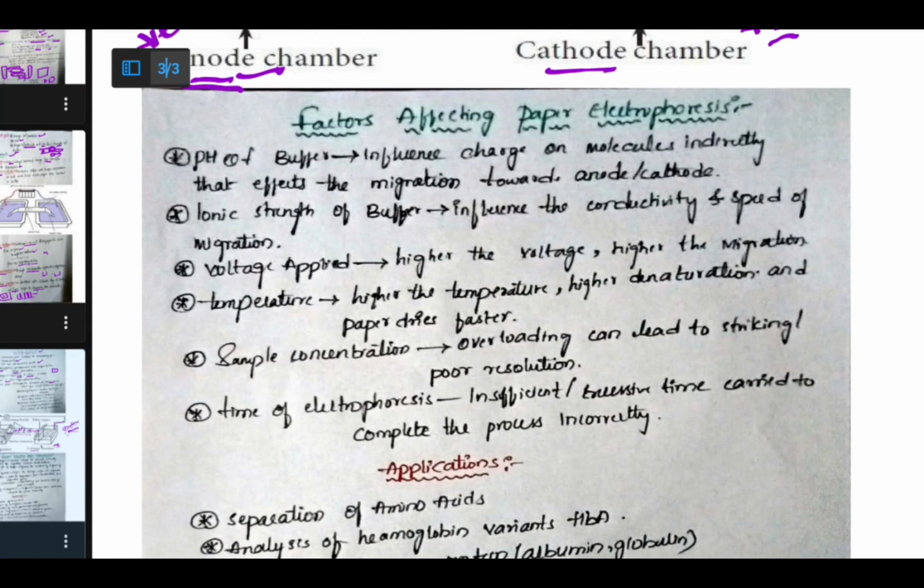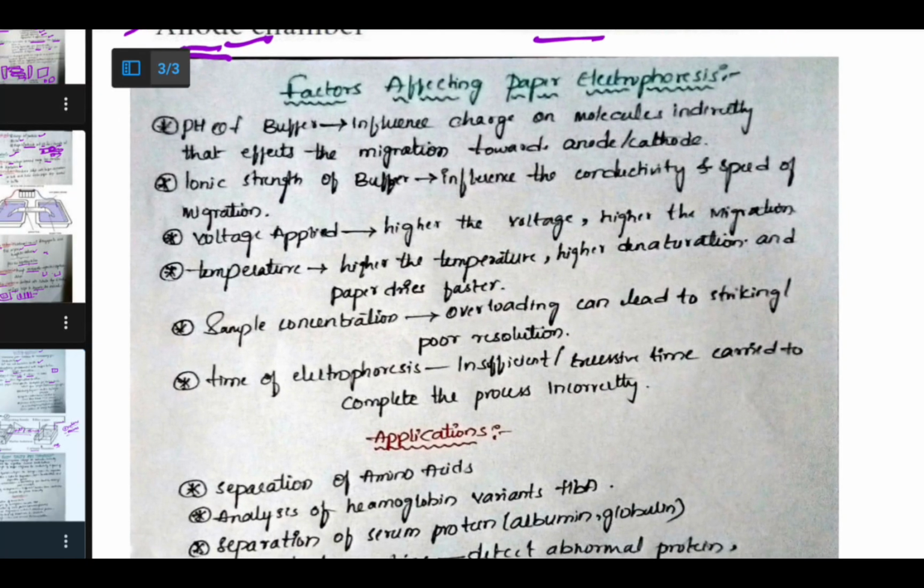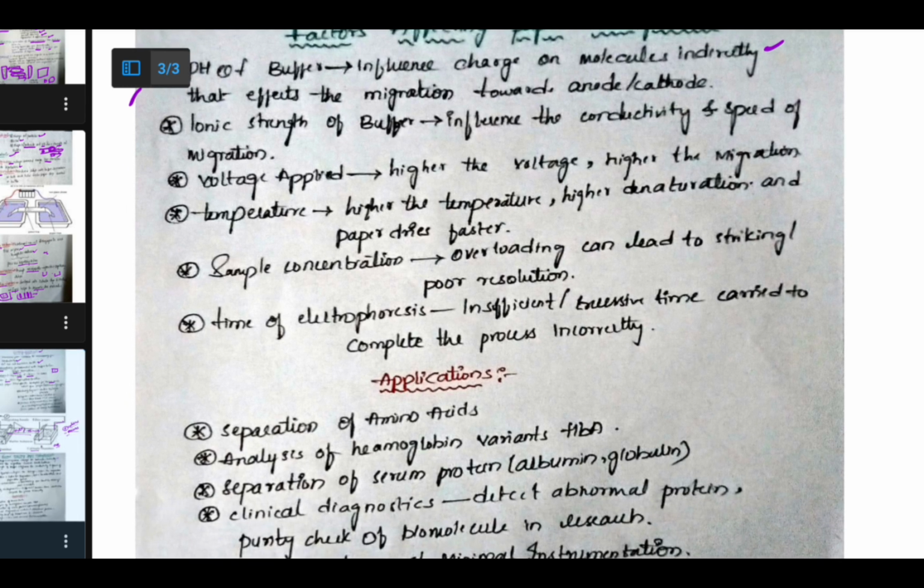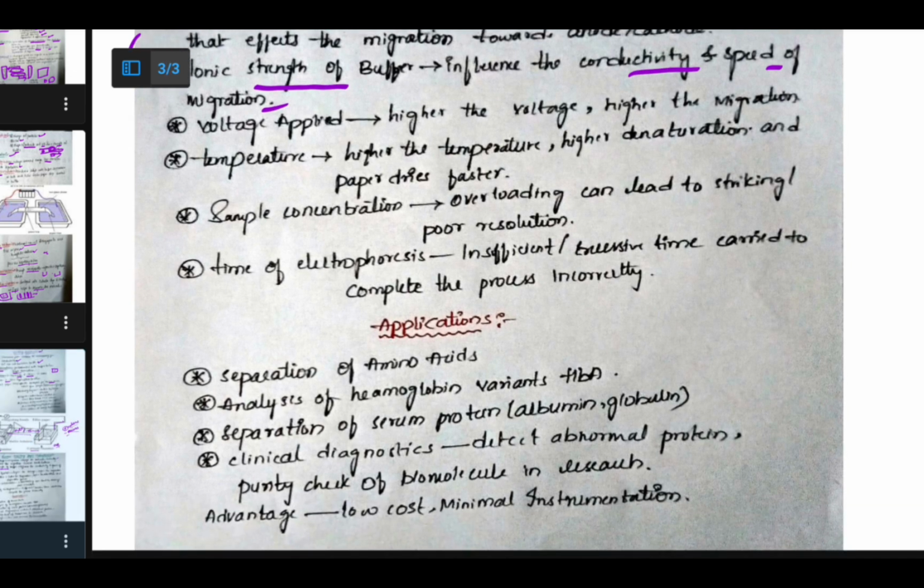Then the factors affecting electrophoresis. The pH of the buffer influences the charge of the molecules, which indirectly affects migration towards the anode or cathode. The ionic strength of the buffer influences the conductivity and speed of migration. Voltage applied: the higher the voltage, the higher the migration. Temperature: at higher temperature there is more denaturation and the paper dries faster, which is a problem, so we have to maintain the optimum temperature.